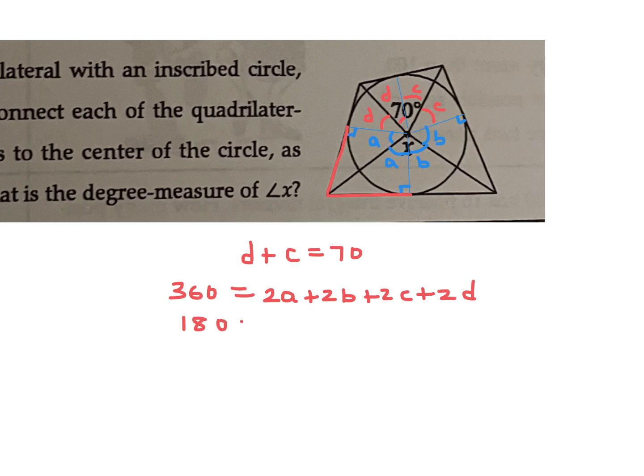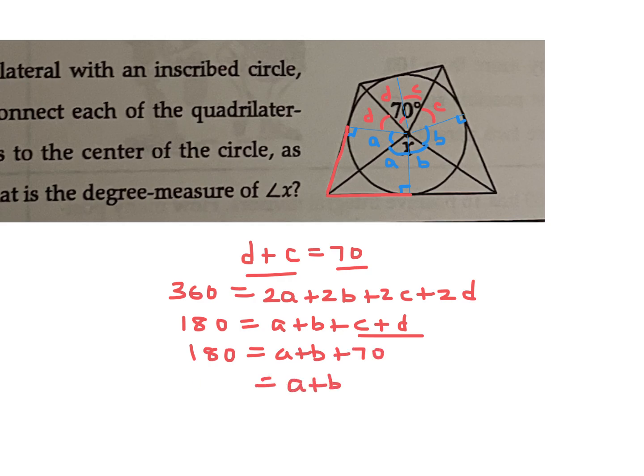So 180 is equal to A plus B plus C plus D. But C plus D is 70, so A plus B plus 70 is 180, and therefore A plus B is 110. And A plus B is X. It's hard to see because I wrote all over it, but X was what I eventually called A plus B. So there you go, 110 is the answer.